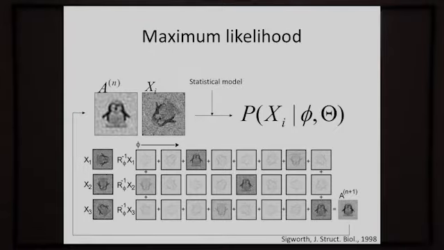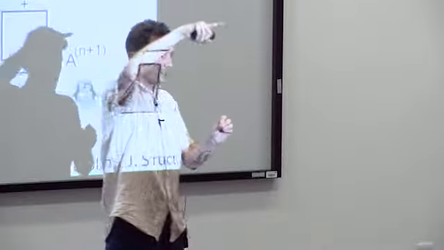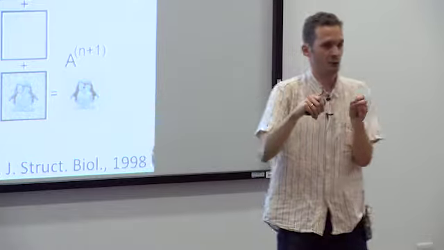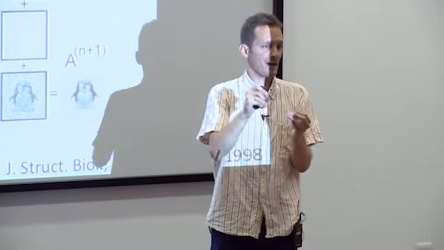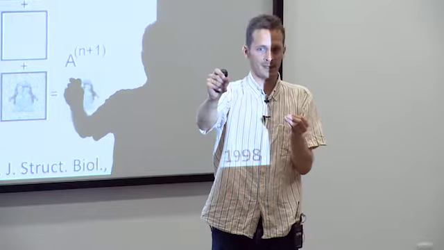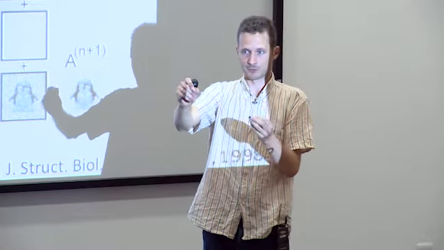Just like we had a function of the rotation versus the cross-correlation coefficient, we now have a very similar function of the rotation versus the probability of observing the image given that rotation. For maximum cross-correlation, we took the maximum of that function, and that would be the rotation I'm going to use.